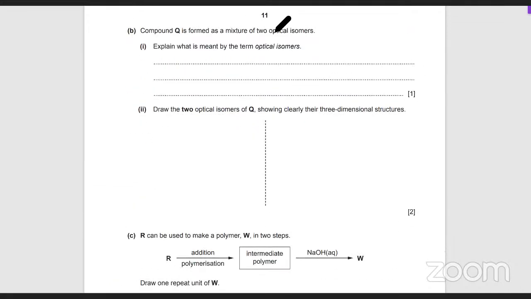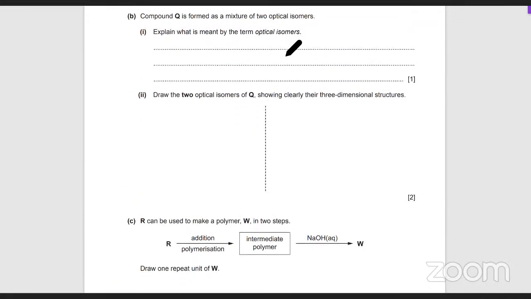Explain what is meant by the term optical isomer. What's an optical isomer? Also, is it mirror images that are non-superimposable? The definition की optical isomers. अच्छा, what is meant by the term optical isomer? ठीक है. Sorry, मैं समझा stereoisomers.